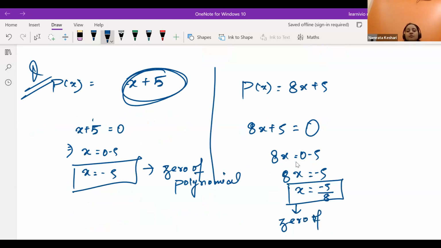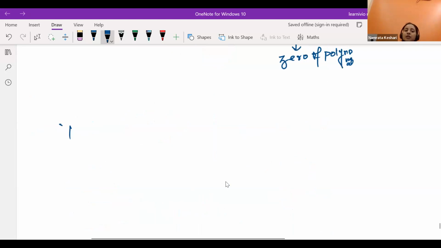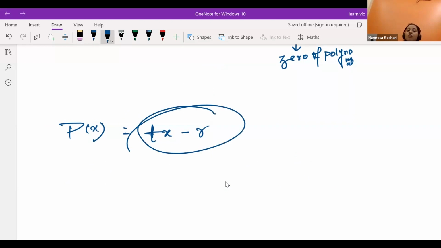Now even if someone will come and try creating confusion by giving this type of polynomial, px is equals to tx minus r, where t and r are constant, and will ask us what is the 0 of this polynomial, we will be able to find the 0. We take the polynomial equals to 0 and try finding the x value.